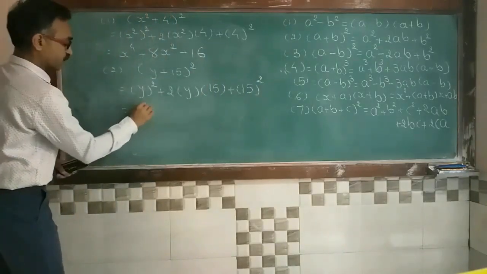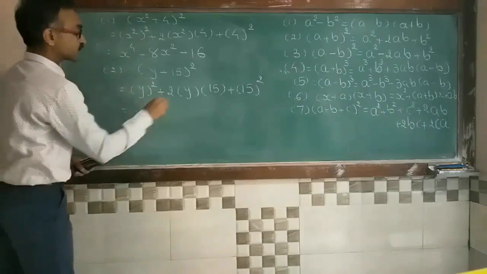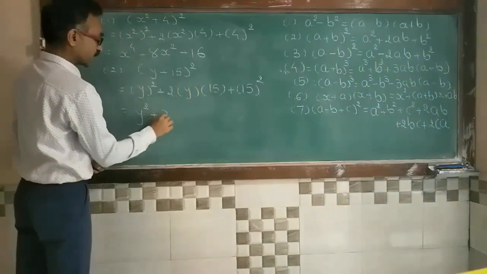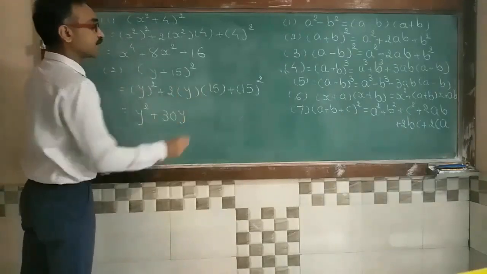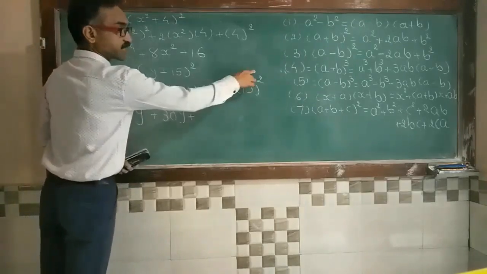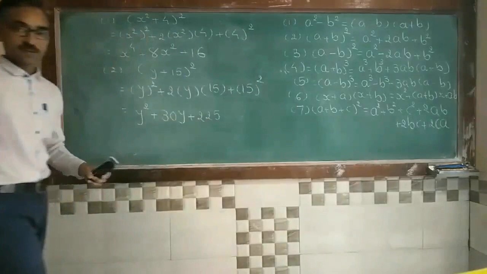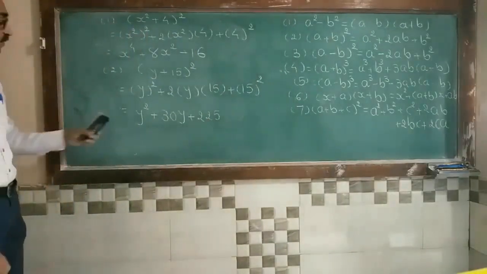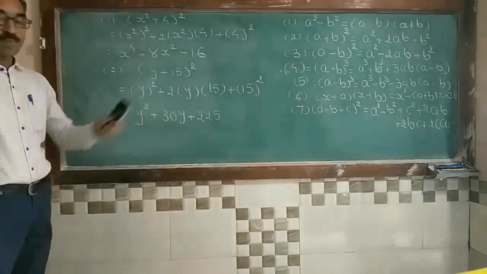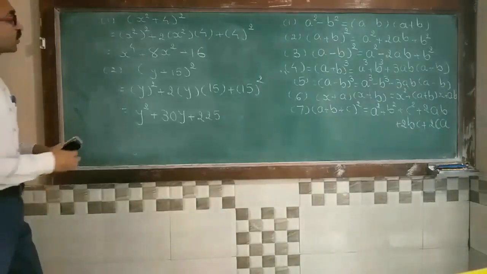So the answer is y square plus 30y plus 15 square is 225. So this is your final answer, y square plus 30y plus 225.